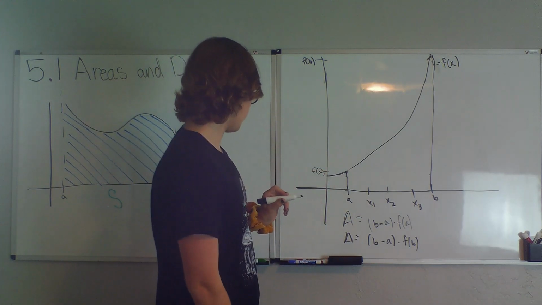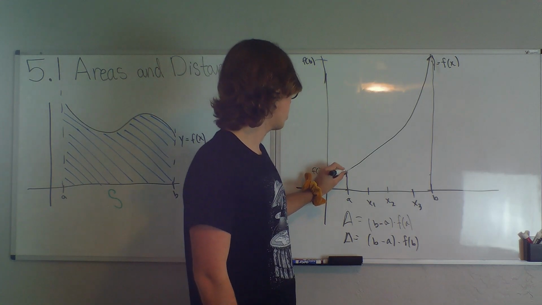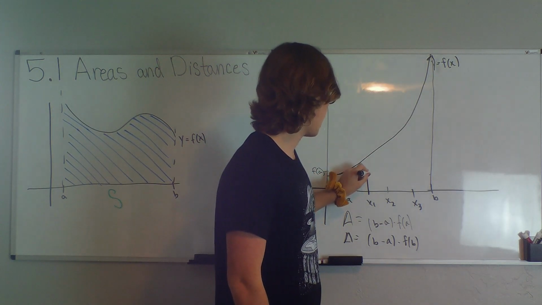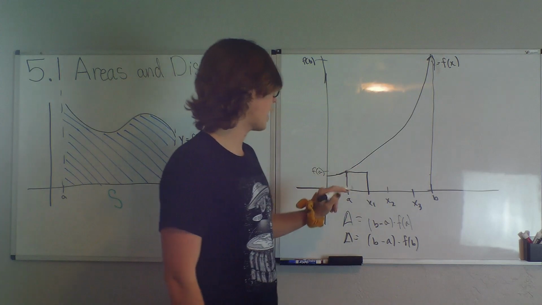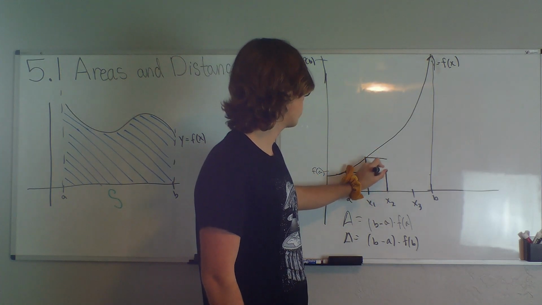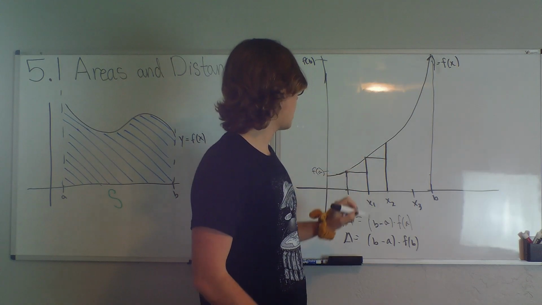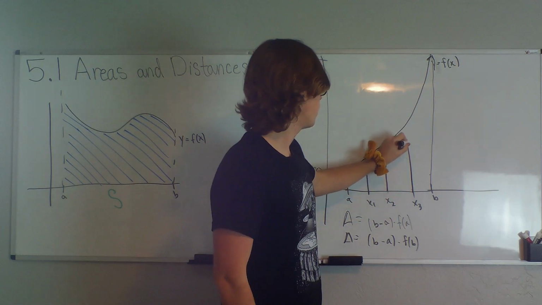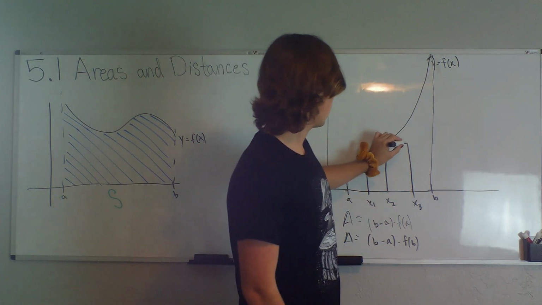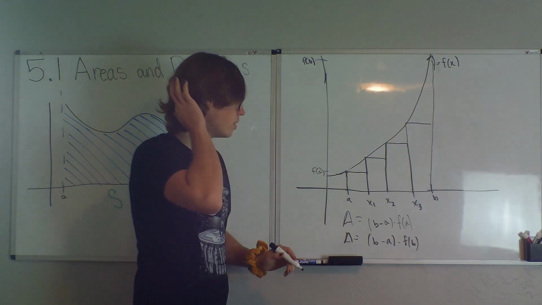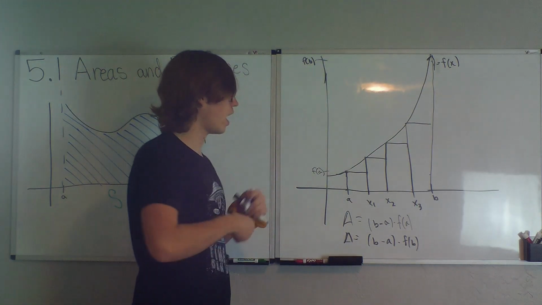So we can estimate with our left endpoints, and we go up to f of A, and we go across all the way to x1, and then at x1, we go up to f of x1, go all the way across to x2. Now we go all the way up to f of x2, draw our rectangle, and then finally we go up to f of x3 and draw our rectangle, and we see this is our area.